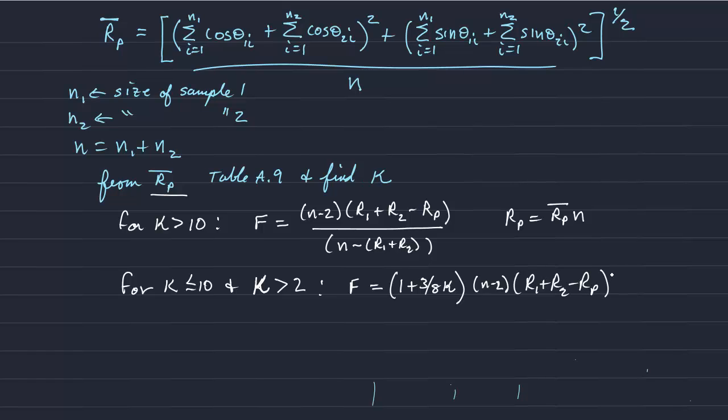Again, the contrast between the sums of the two vectors and the length of the pooled vector, and that's divided by n minus the sum of R1 plus R2.